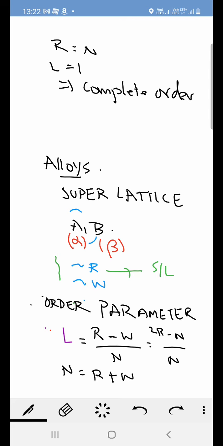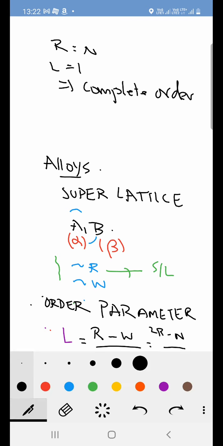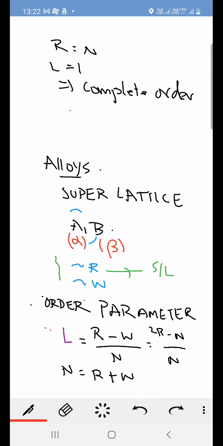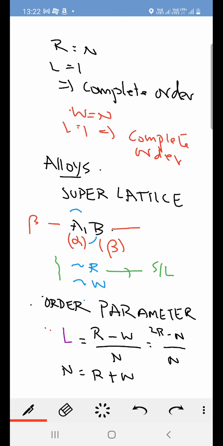Another way by which a complete order can be attained, interestingly, is when all the atoms are wrong atoms. Then also we get L equal to 1, implying a complete order. That means in this case, all the A atoms are at the beta sites, and all the B atoms are at the alpha sites.